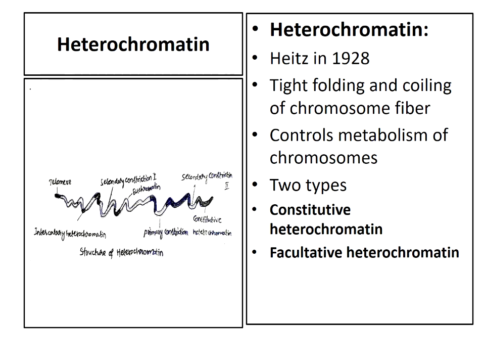Heterochromatin is late replicating. It replicates at the end of the S phase of the mitotic cycle and is considered a genetically inert substance, but it controls the metabolism of chromosomes and the biosynthesis of nucleic acids.